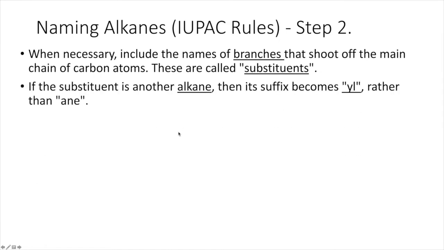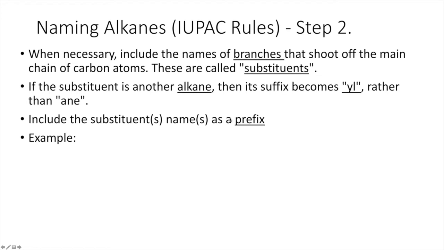If the substituent is another carbon-containing group, another alkane, then you still use the word stem for the number of carbons involved, but instead of -ane being the suffix, -yl is the suffix. And then that becomes a prefix in the overall name of the compound. So you include the substituent or substituents names as prefixes in the overall compound name.